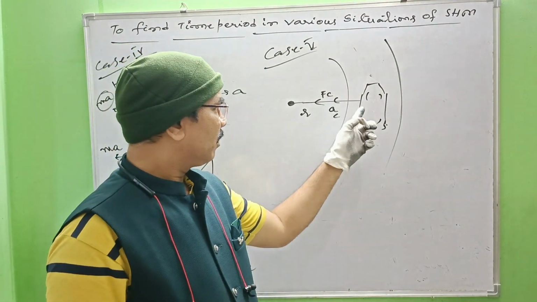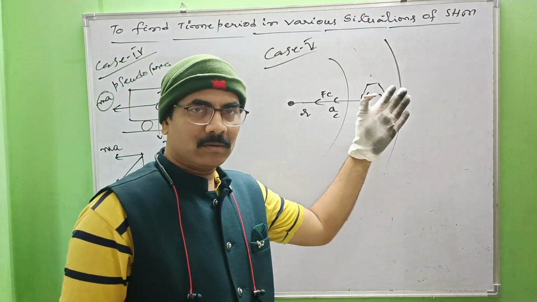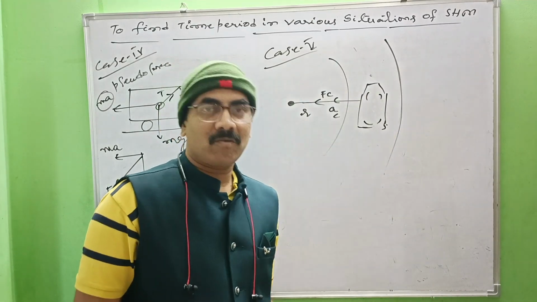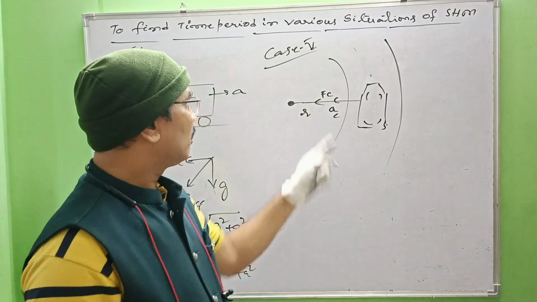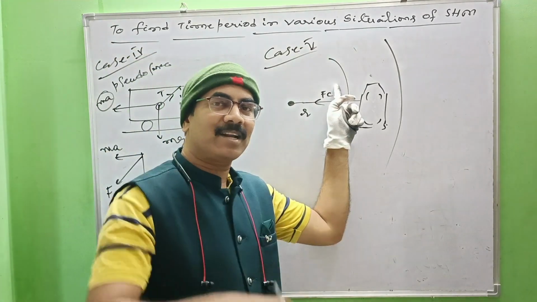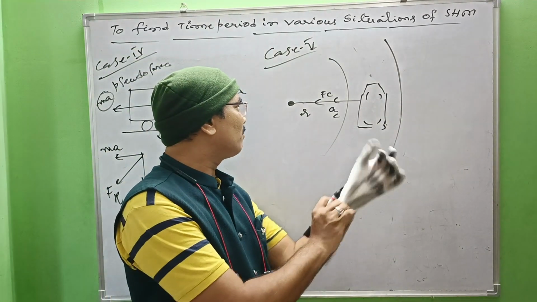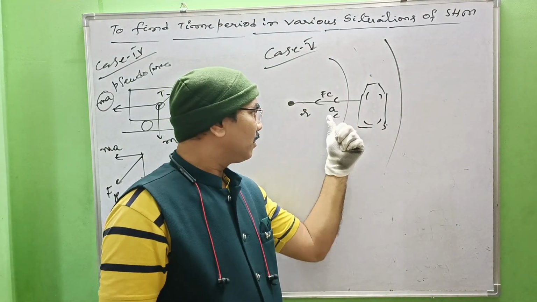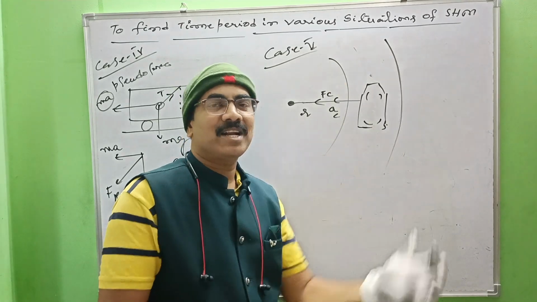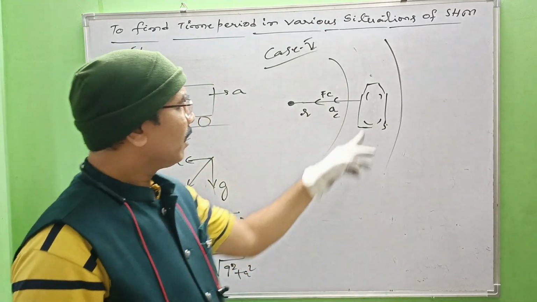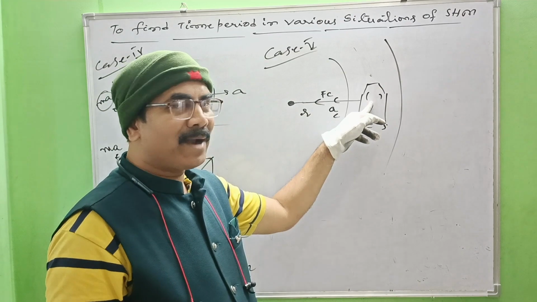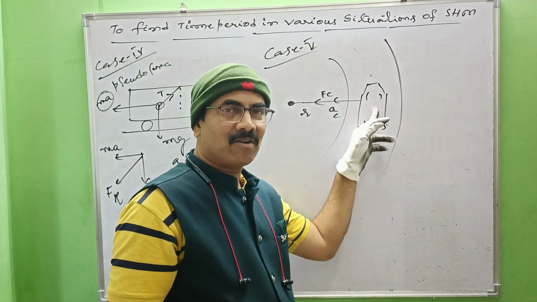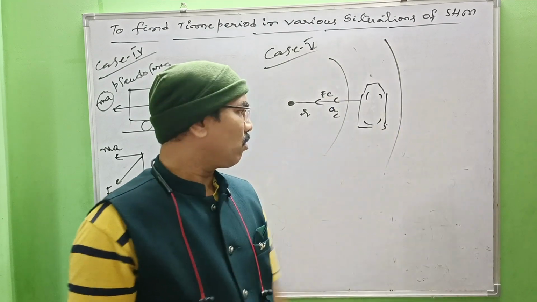See, if any particle goes around a circle, it is acted upon by some resultant force. What is the resultant force? Centripetal force. What is the direction of that resultant force? Always towards the center of the circle. So as centripetal force is towards the center, centripetal acceleration is also towards the center. Again, here one pendulum is fixed to the ceiling of this car, which is taking a turn on the circular unbanked road.